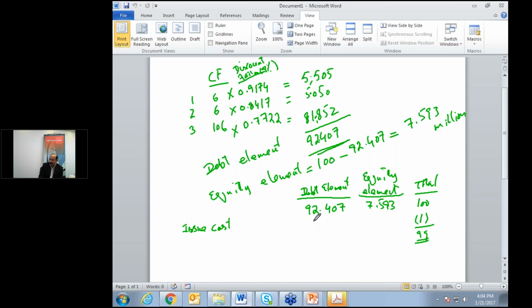So that's why this will become 0.924 million, and this will give us 0.076 million. So the debt element is 91.483, and this is 7.517.